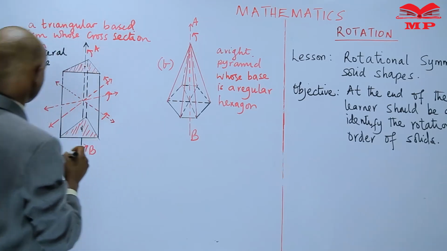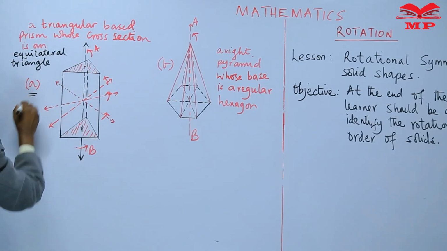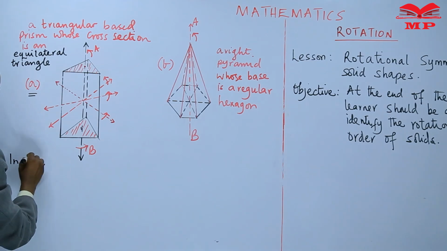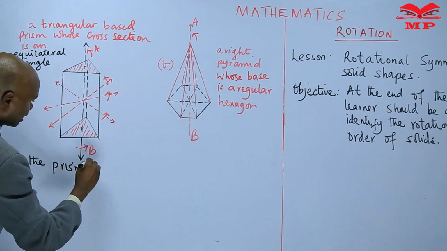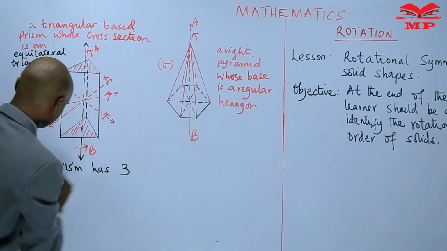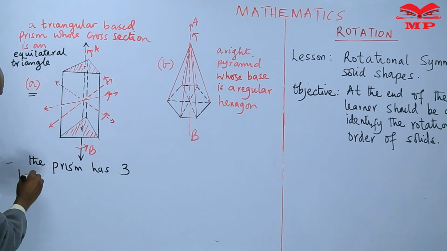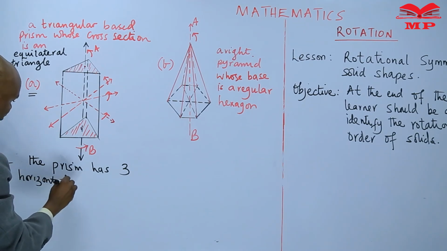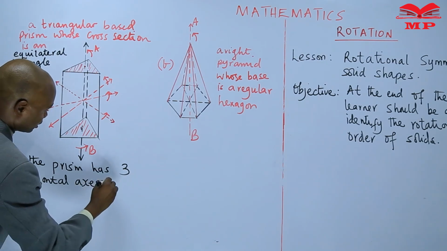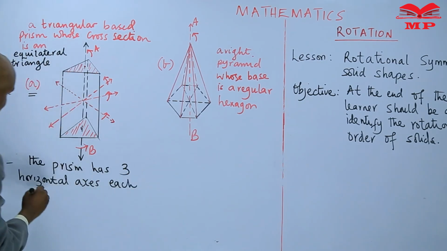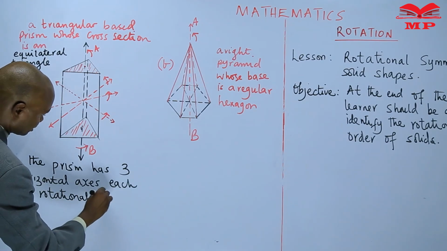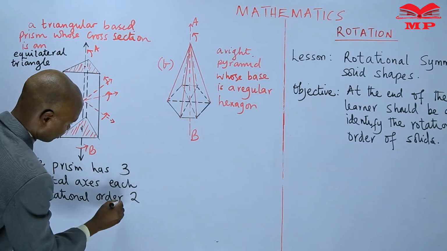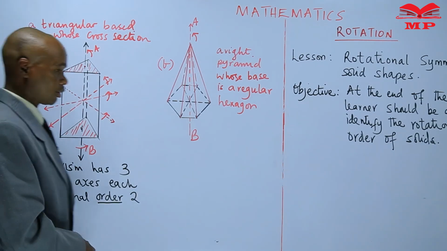So I can say in A, this figure, the prism has 3 horizontal axes, each of rotational symmetry order 2, each of rotational order 2.